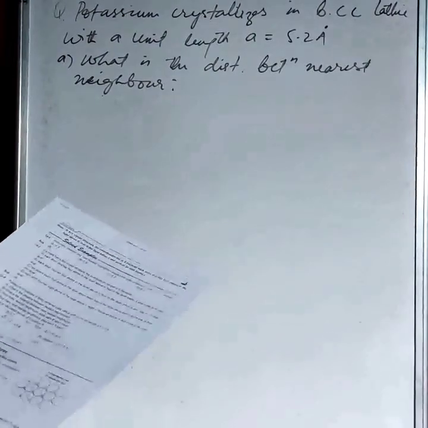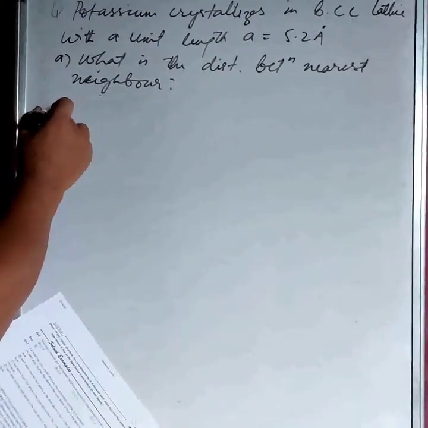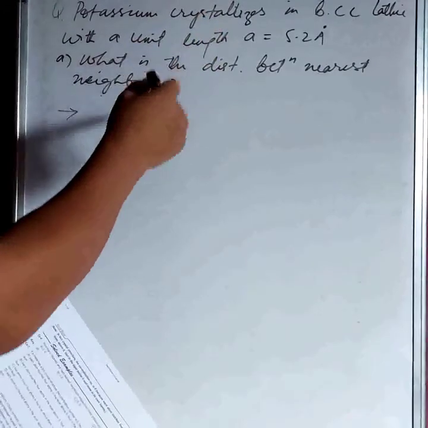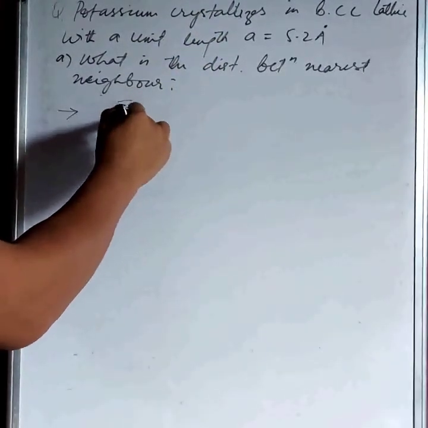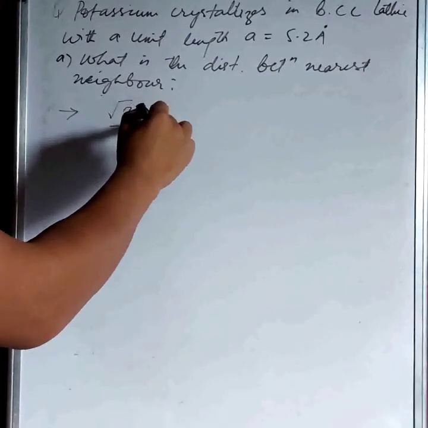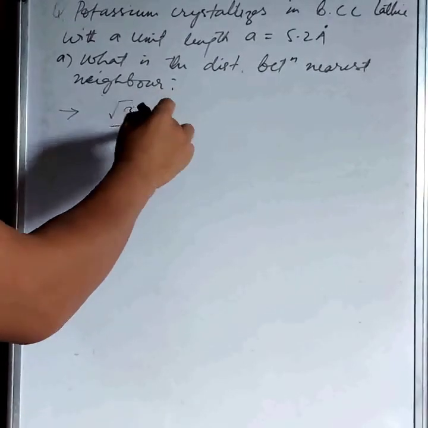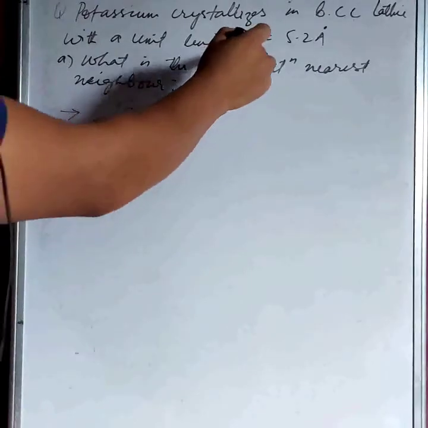For part A, we know that the distance between the nearest neighbors for a body-centered cubic system is given by root 3 by 2 into a, and they have already given us the value.